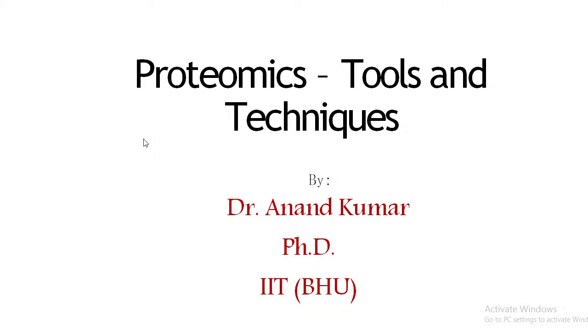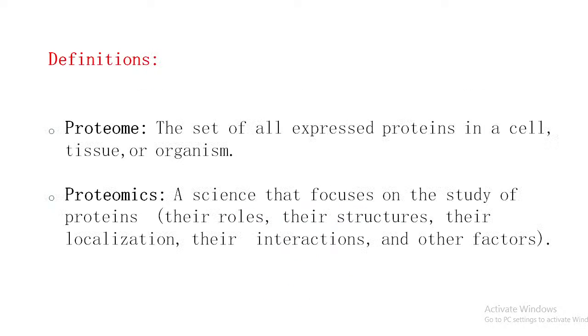So is the PPT visible to all or not? So first we will understand the definition of proteomics and proteome. Okay, so proteome is the set of all expressed proteins in a cell, tissue, or organism.